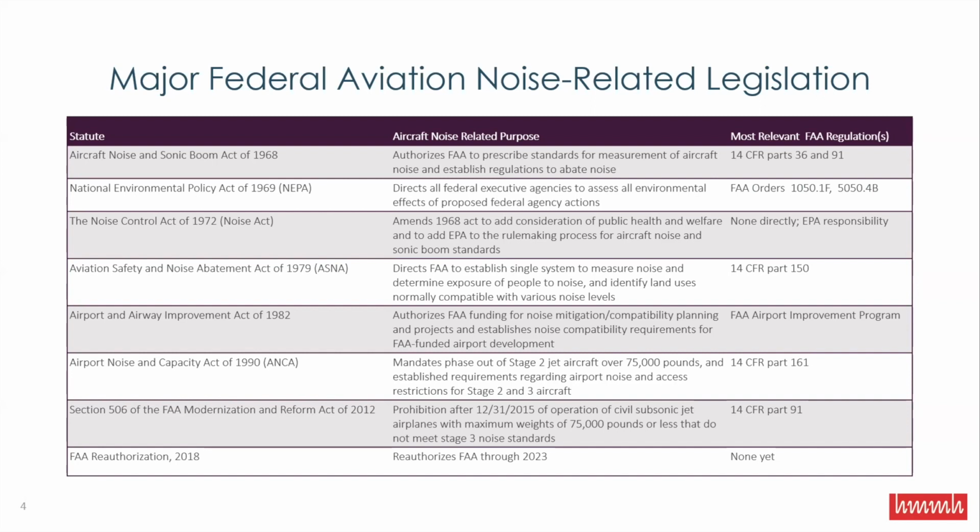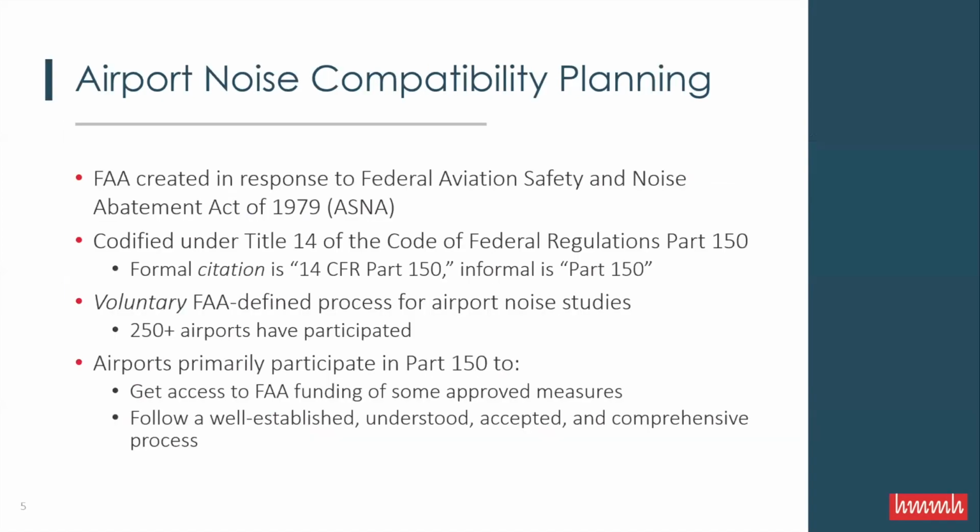It was actually not until 2015 that we fully phased out the Stage 2 and older aircraft from the lighter aircraft of 75,000 pounds or less. And then of not much consequence here tonight, but the FAA reauthorization of 2018 did have several measures in it that dealt with aircraft noise, but there hasn't been any regulation resulting from those as of yet.